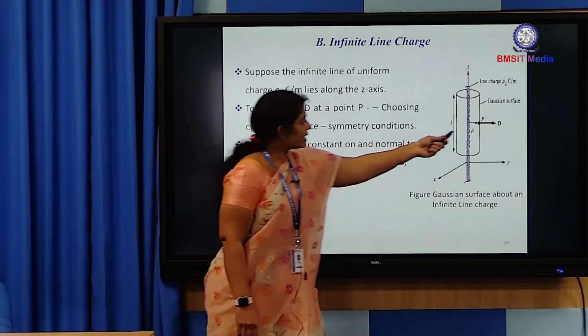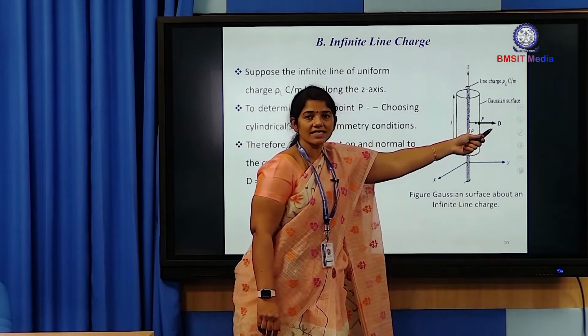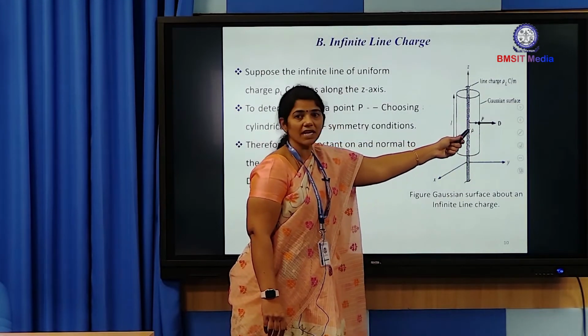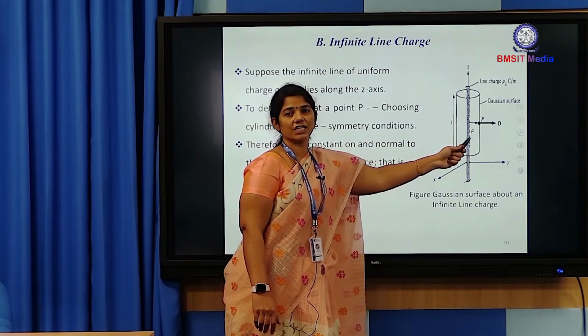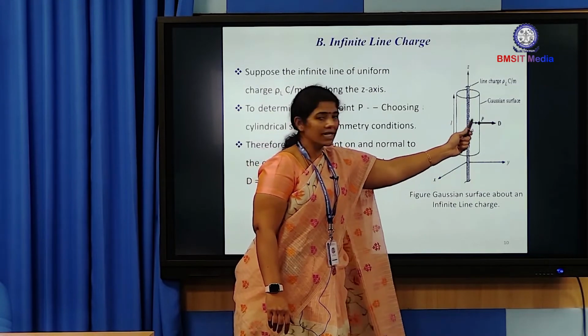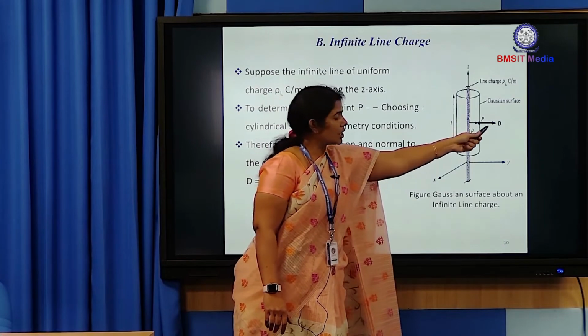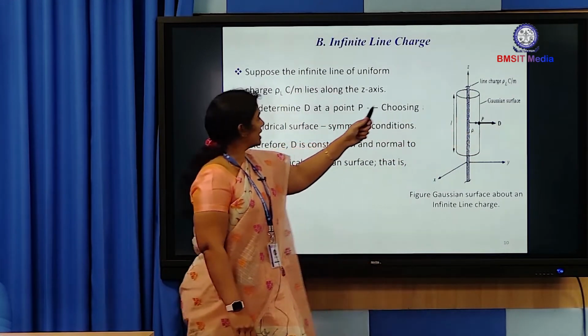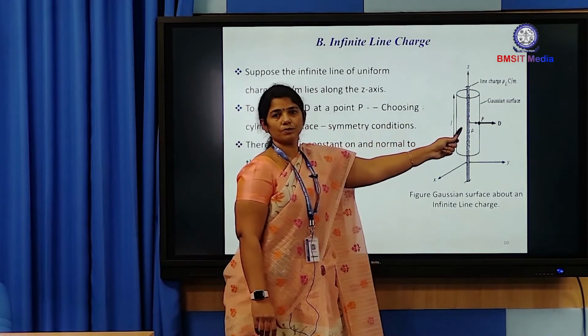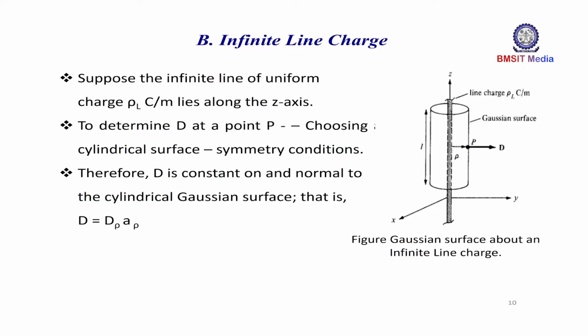Therefore, D is constant on and normal to the cylindrical Gaussian surface. When it is normal to the cylindrical Gaussian surface, then D is equal to D rho a rho, as written here.